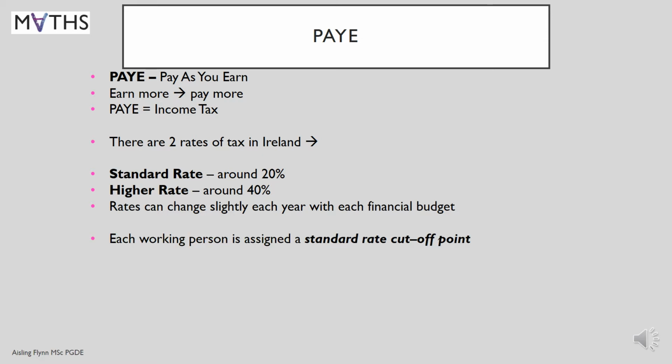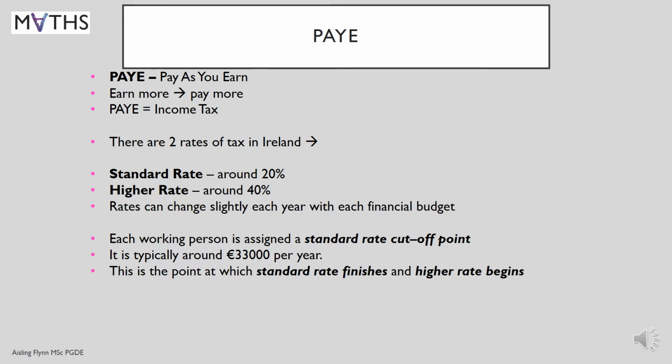Each working person is assigned a standard rate cut-off point. So it is what the word suggests, it is a point at which the standard rate stops. It's typically around 33,000 per year, and this is the point at which the standard rate finishes and the higher rate begins.